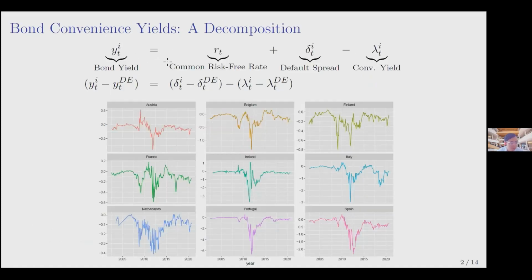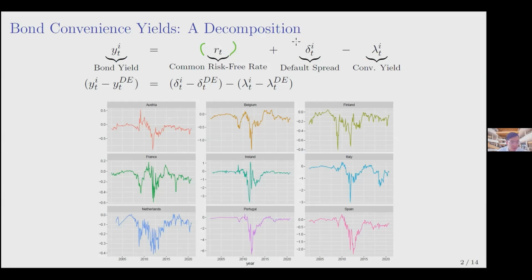So conceptually, we can decompose a country's bond yield in the following way. Here, we use time subscript, T for each time, and I for each different country. We can first write a common risk-free rate, given that this is a currency union with integrated financial markets. This risk-free rate should apply to all the countries, which therefore do not have I superscript.